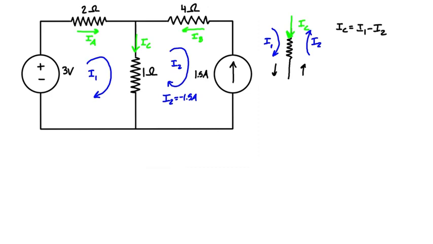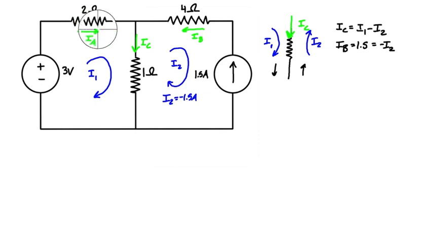Now the way that we drew IB turns out to be in the correct direction, which is matching the direction of the actual current in the branch. So we can even just write here that IB is equal to 1.5 amps. That is going in the direction that IB is labeled, and that's also going to be equal to negative I2.